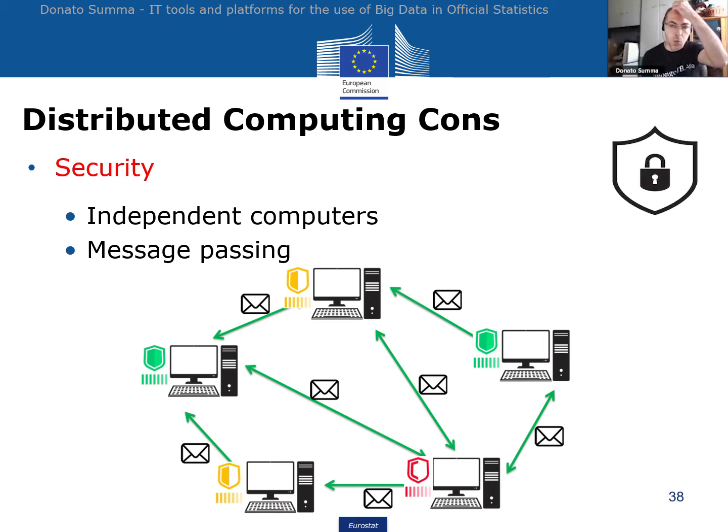In order to work together and to reach the final goal, the nodes of the system have to communicate. And in order to communicate, usually they pass messages over the network. And of course, a message could be intercepted by others, unauthorized people. And this is another issue that we have to deal with.